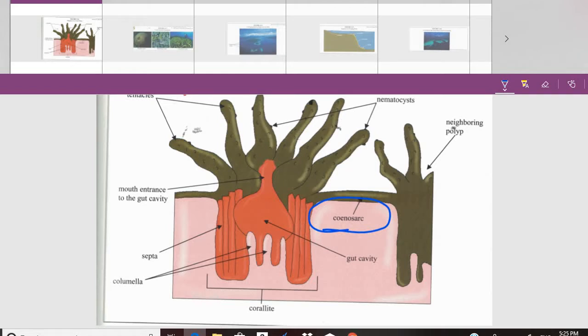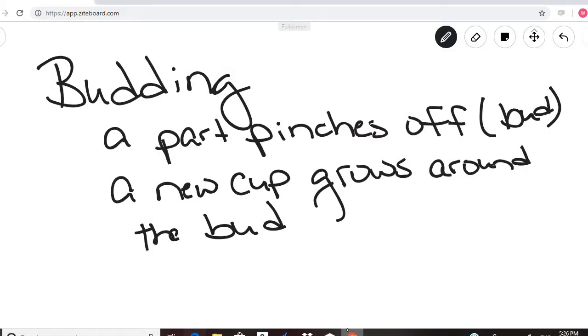They can put out projections from a polyp in a horizontal way, so that they can connect with the adjacent coral. So this is living tissue that exists between two adjacent corals. So let me put that word up there.